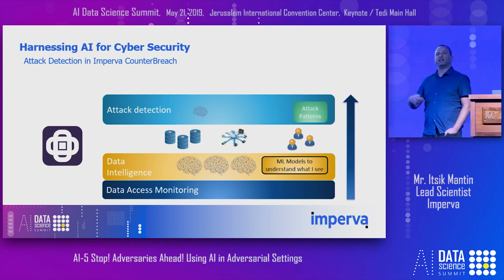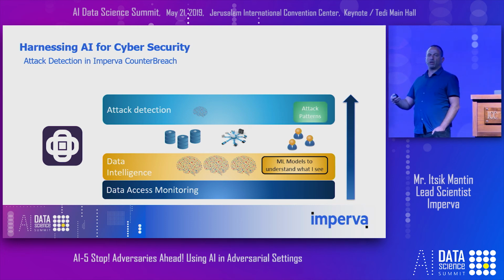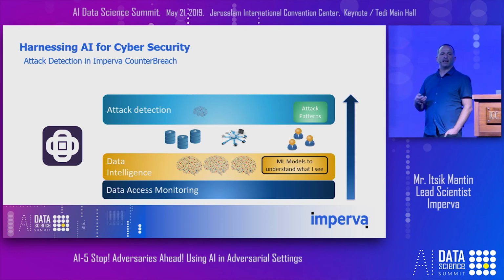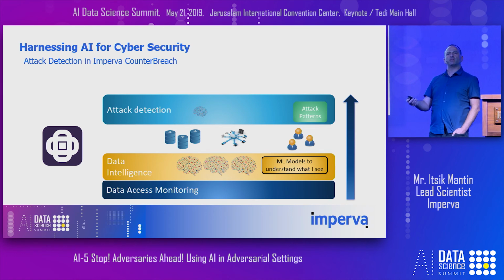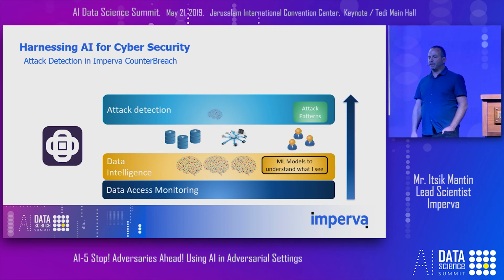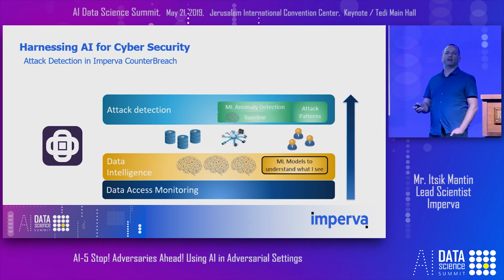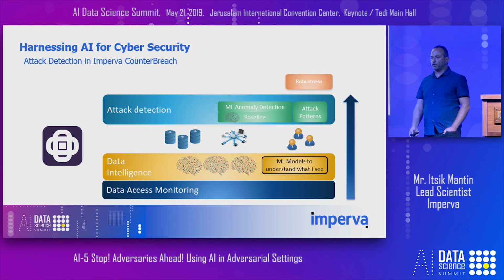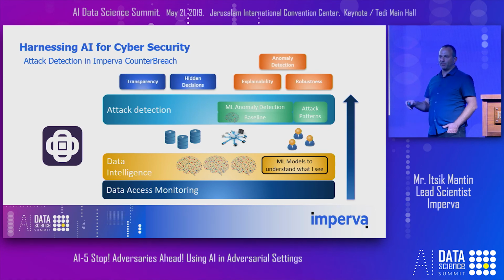Based on that, we created a high-level language in which we could express very simple attack patterns, like user of type X should not access data of type Y. Based on that, we also built a baseline model for what is typical within this system and ran anomaly detection over it.